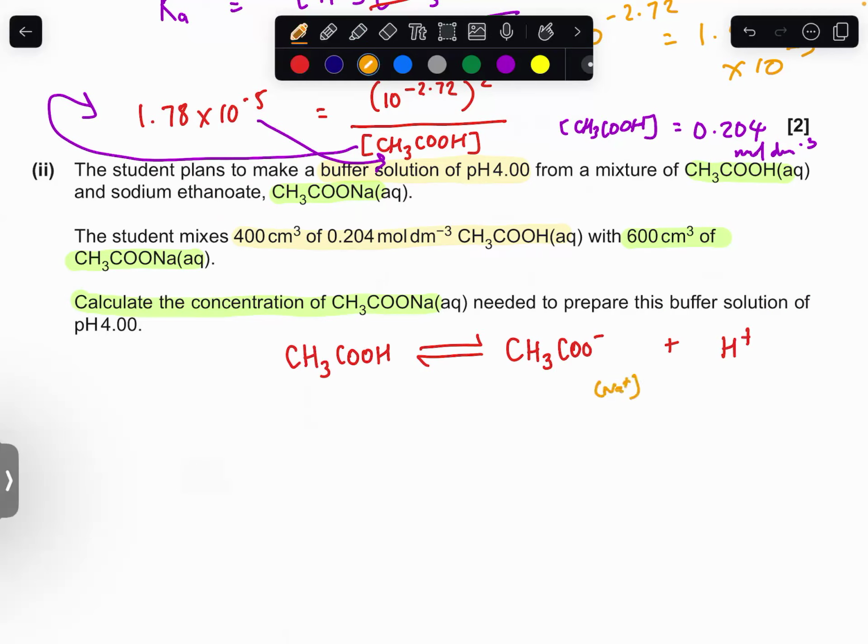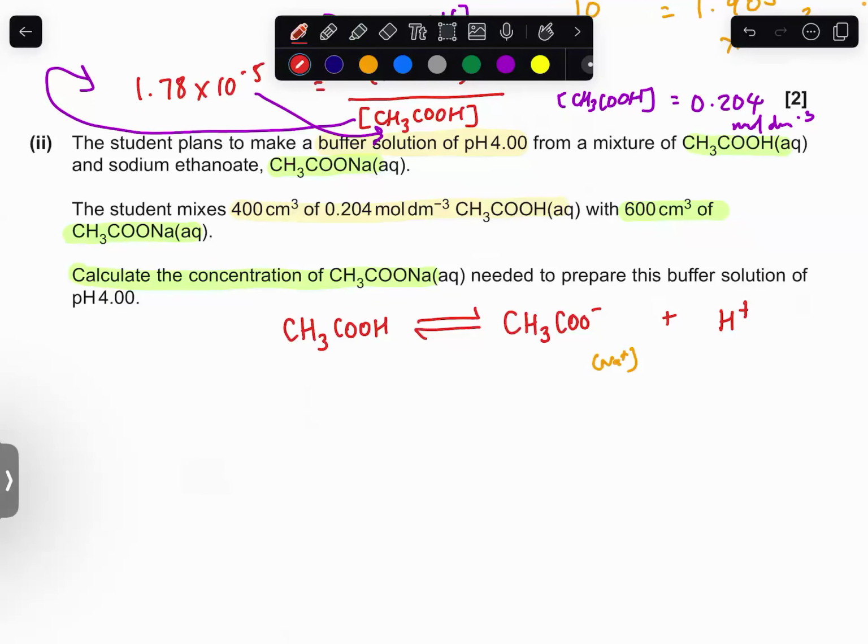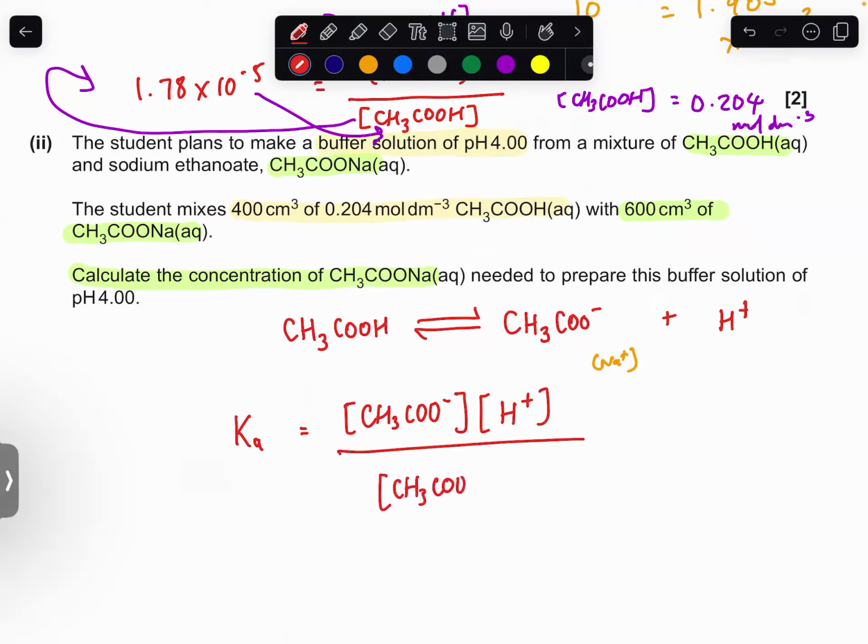Sodium is a spectator ion. And we've got the Ka expression. Ka equals CH3COO minus times H plus over CH3COOH.